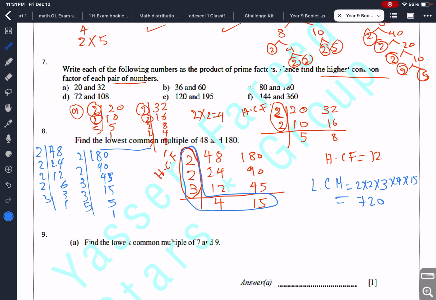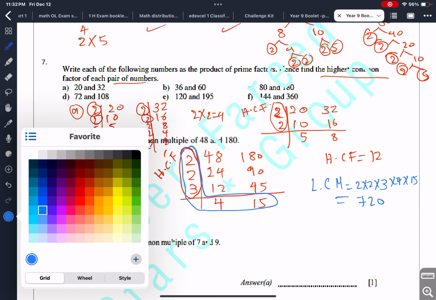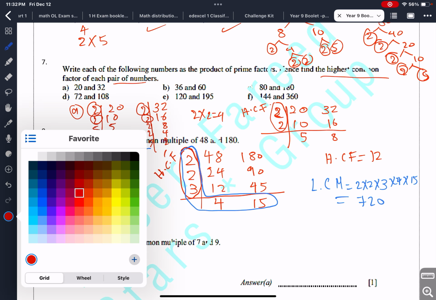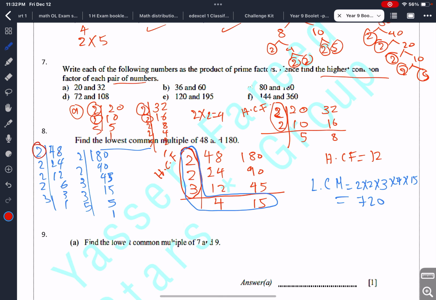All I want to show you is that I have to be well organized to have the prime factors in order. That will make it easy for you to catch the common factor between the numbers. Here we're going to take only the common prime factors between this factor and this factor, which will be only 2.